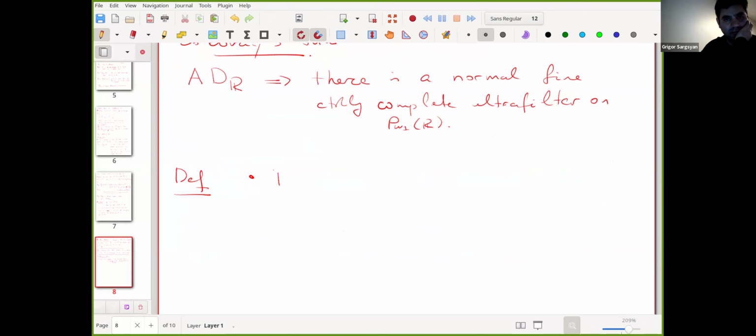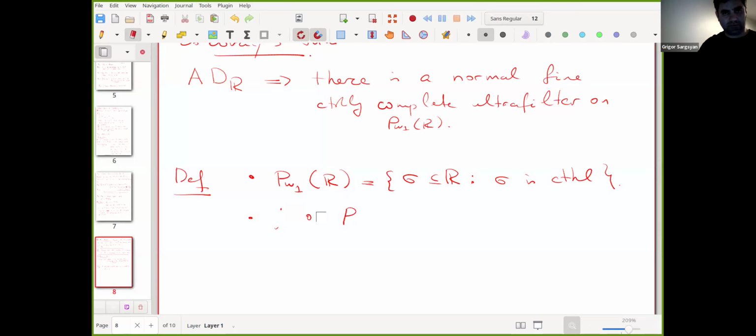First, P_{ω1}(R) is just the countable subsets of R. Suppose mu is an ultrafilter on P_{ω1}(R).